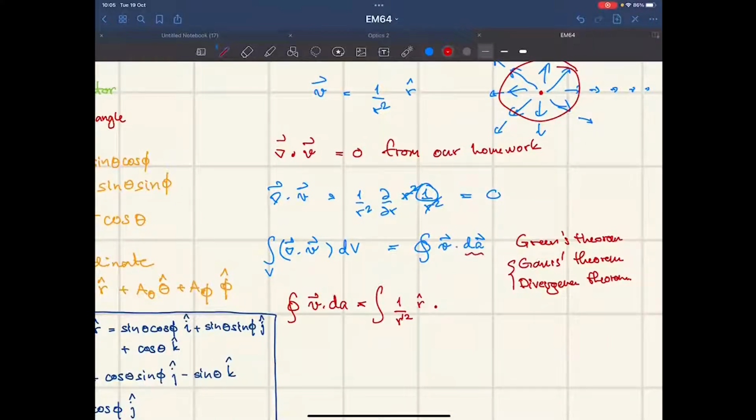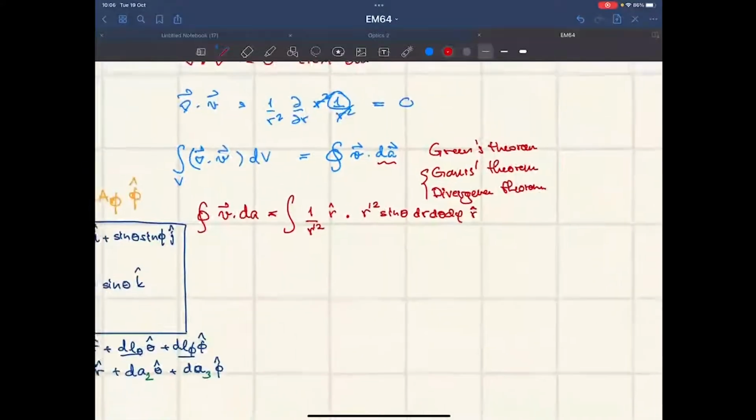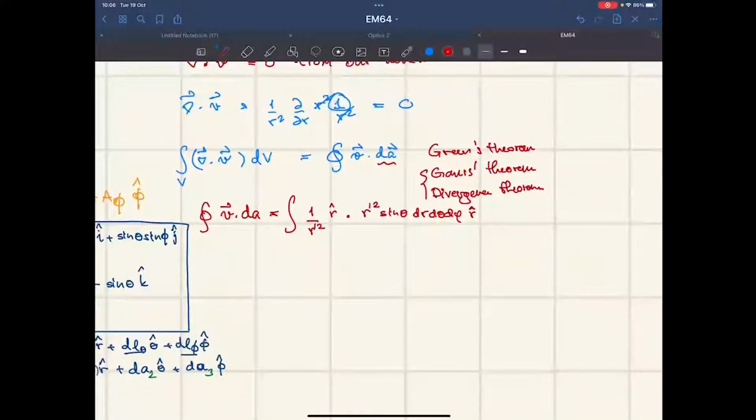Our dA is basically in the direction of r, which will be r squared sine theta d theta d phi. Does anyone not agree with this? Do you agree? This is dA in the spherical coordinates.